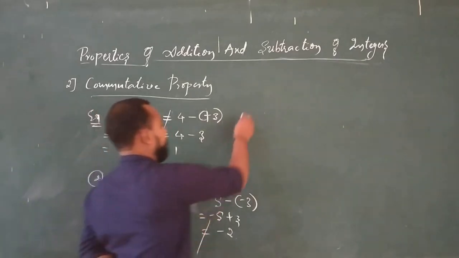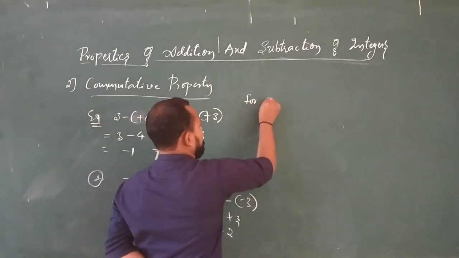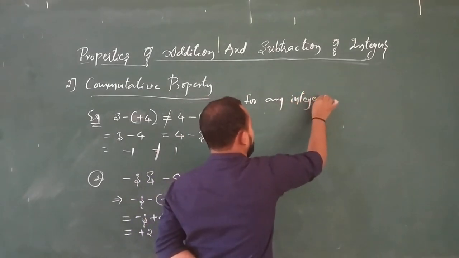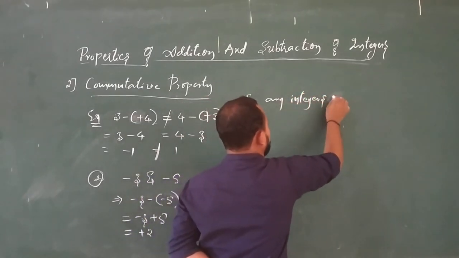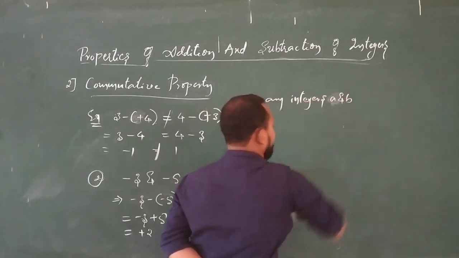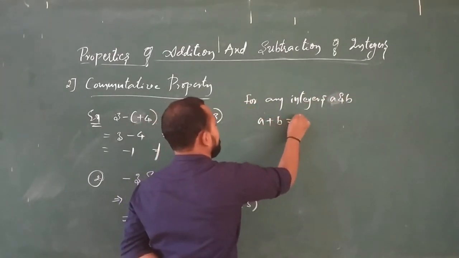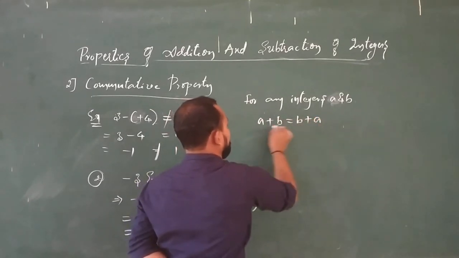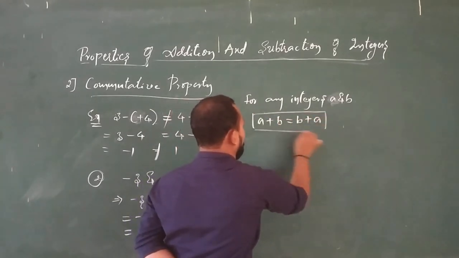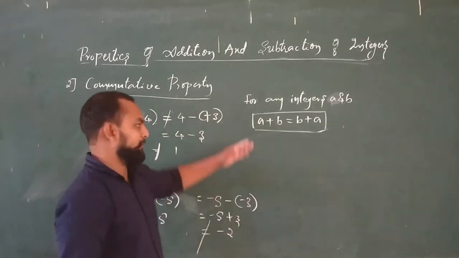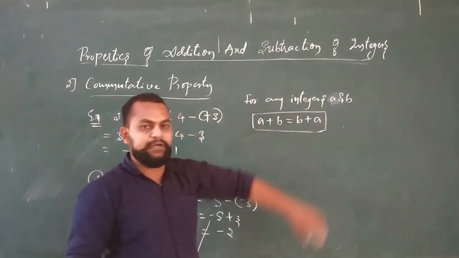Therefore, for any integers a and b, in general a plus b is equal to b plus a. This is the rule of the commutative property: LHS is equal to RHS.